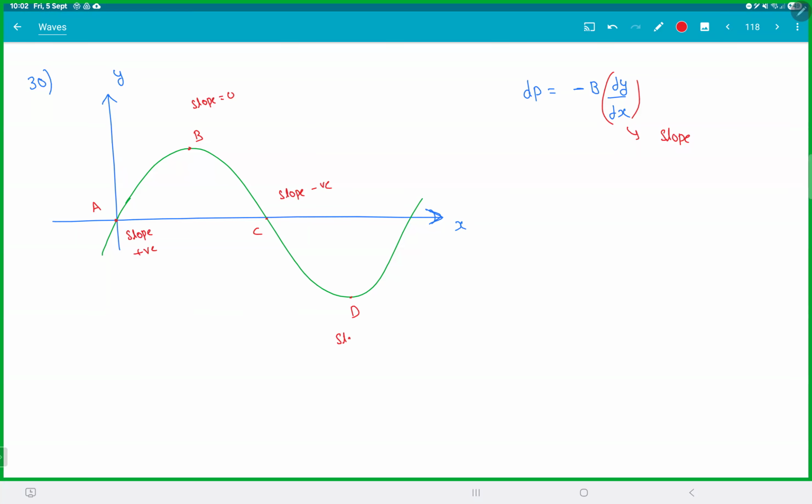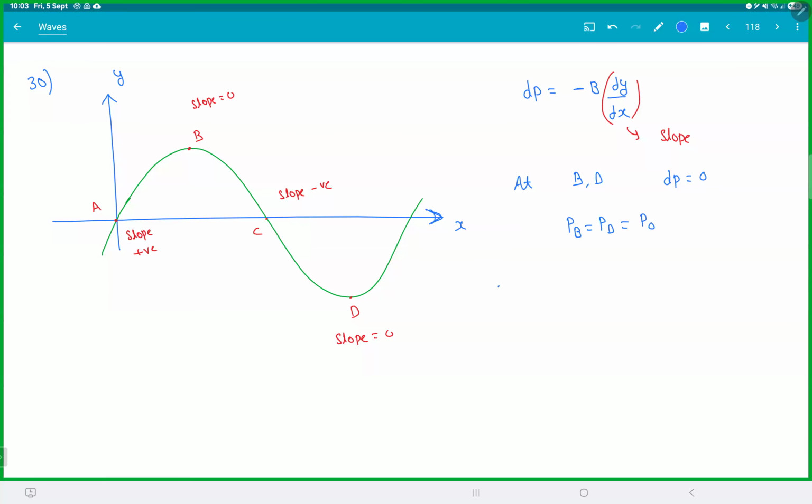Here slope is 0. That means at B and D, there's no change in pressure. dP is 0. So therefore, pressure at B, pressure at D is equal to P naught.